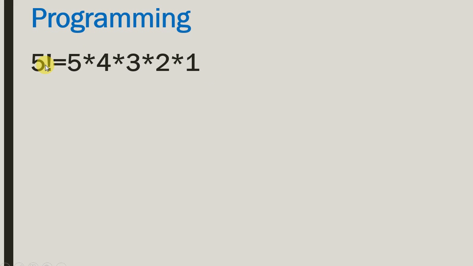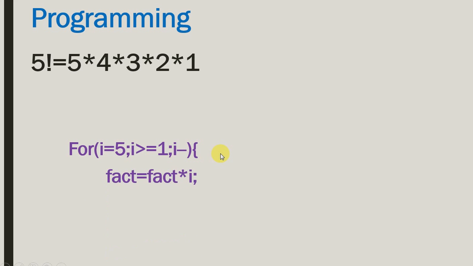Means if we want to calculate the factorial of 5, then we require a loop of 5, just because the multiplication is repeated 5 times. So we require a for loop which will be starting from 5 and end at 1. So we will multiply that.